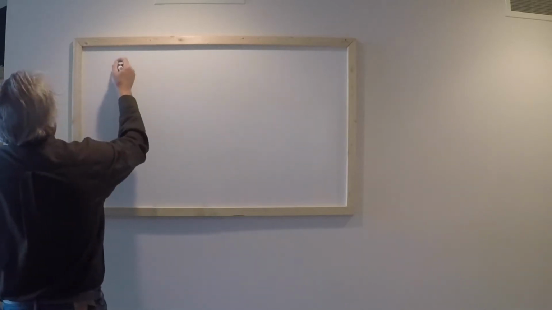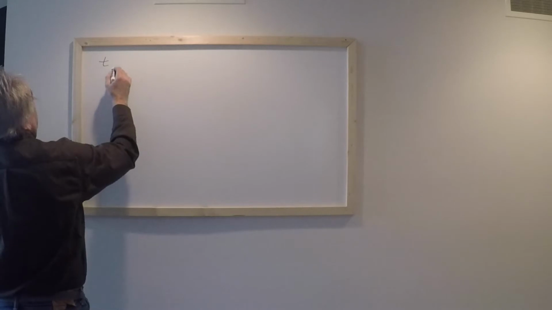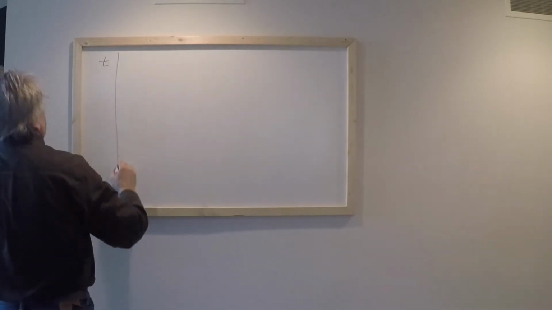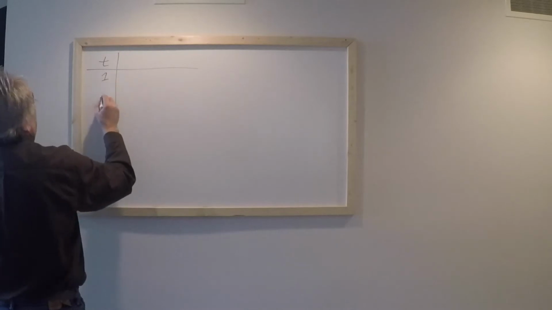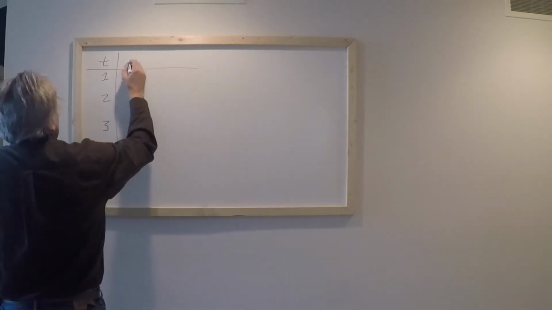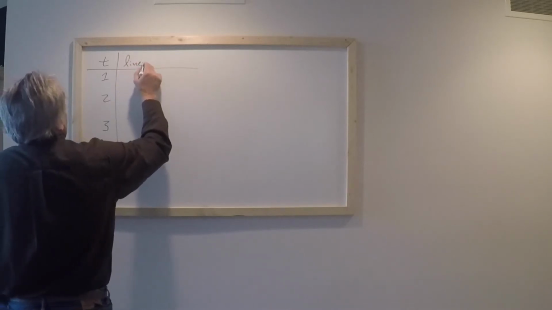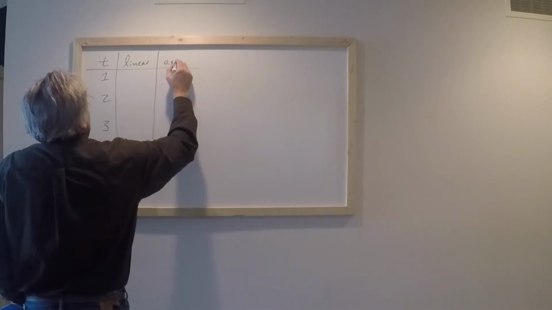So we're going to have a set of data that have time, and this time is going to be 1, 2, 3, 4. And then we're going to have a linear process, and we're going to have an exponential process.